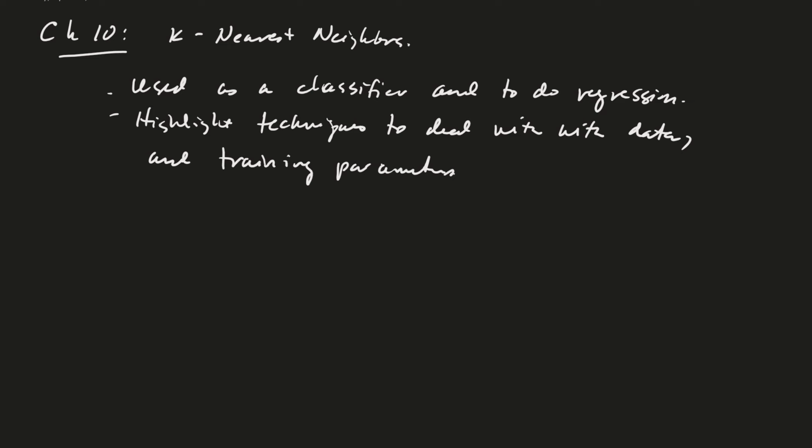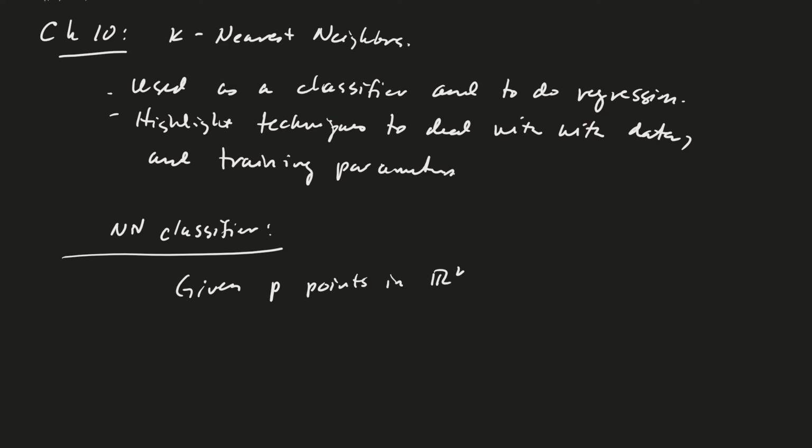Okay, so what does the algorithm do? So we'll talk about the classifier first, the k-nearest neighbor classifier. Or actually, in this case, it's just the nearest neighbor classifier. We're going to be given p points in R^n, and with those p points, we'll have a target vector.